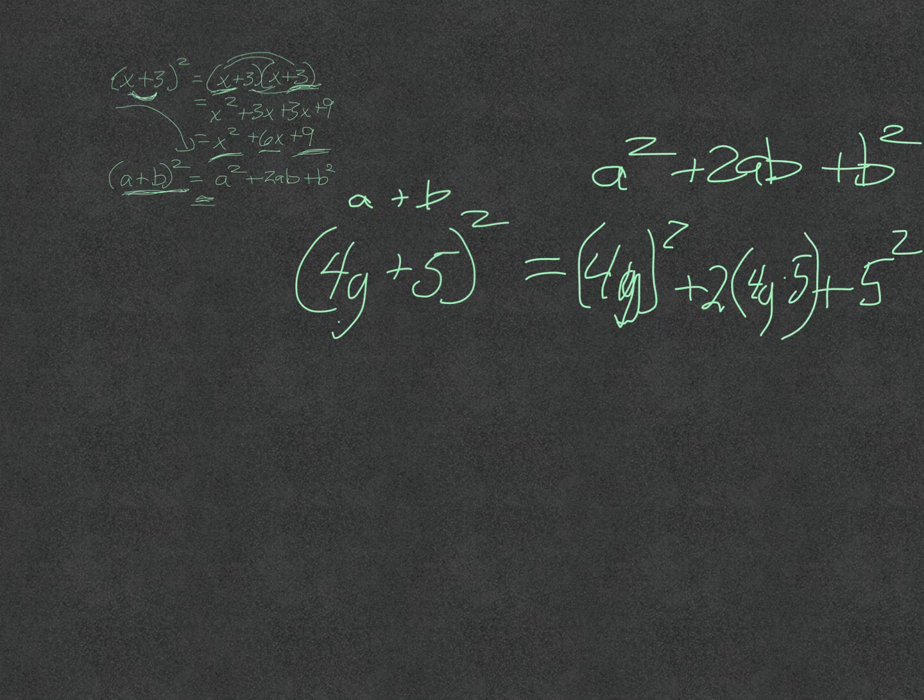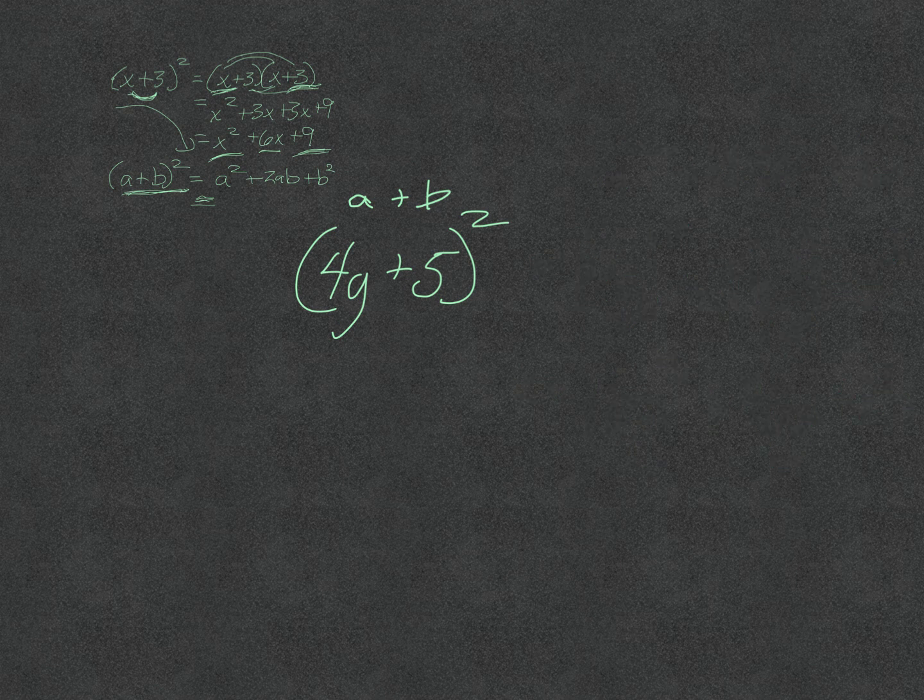All right? And so I can write it down in this way and get 16y squared plus 40y plus 25. And that would then be the correct multiplication of this. And I can do that without turning it into FOIL.